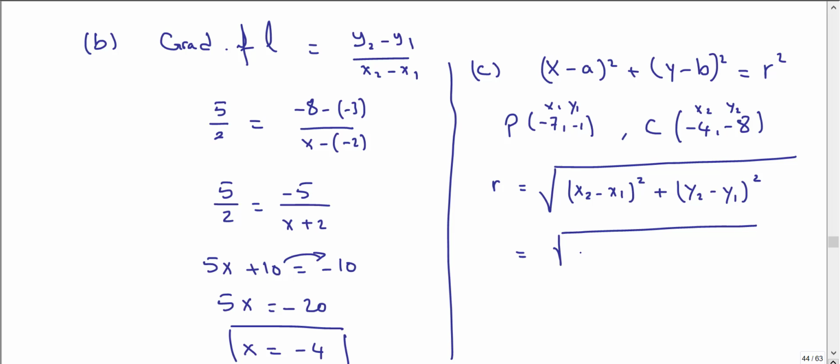So it's minus 4 minus minus 7 all power 2, plus y2, negative 8 minus minus 1, all power 2.